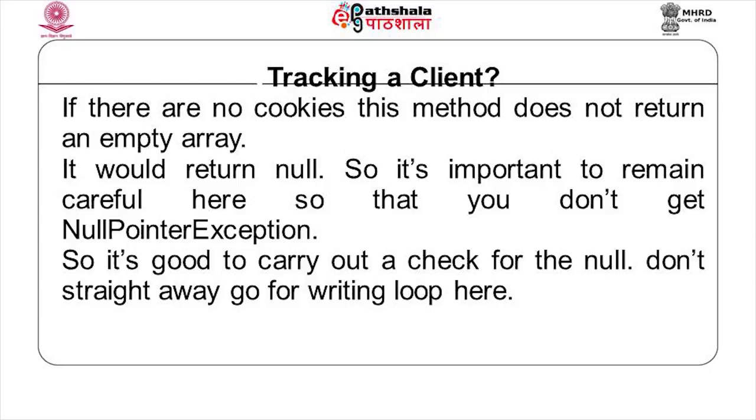If there are no cookies, this method returns null. So be careful, otherwise you will get null pointer exceptions. Always carry out a check for null whenever you use getCookies. Do not just straight away write a loop. That is something to be careful about when using cookies.